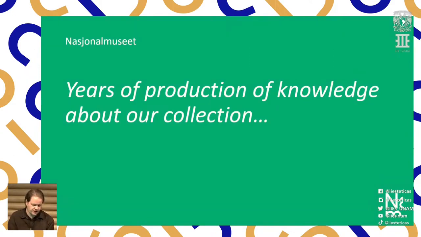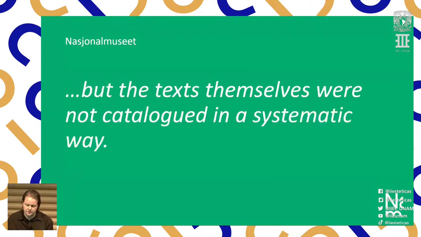So, in summary, years of knowledge production about our collection and about the artworks on display in our new permanent exhibition. But the texts themselves were not cataloged in a systematic way.